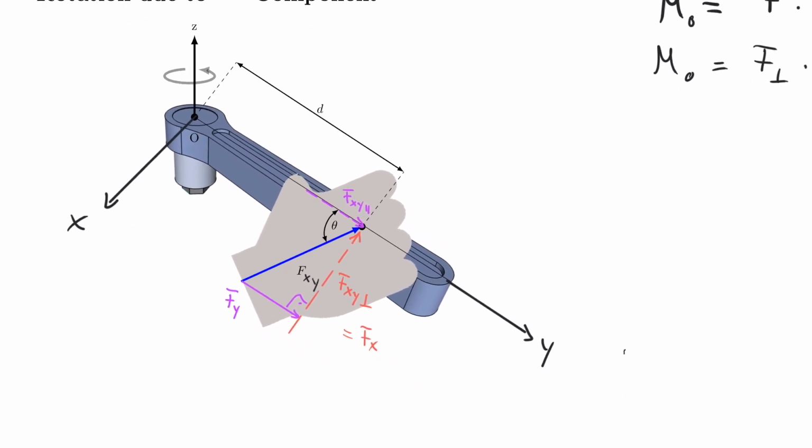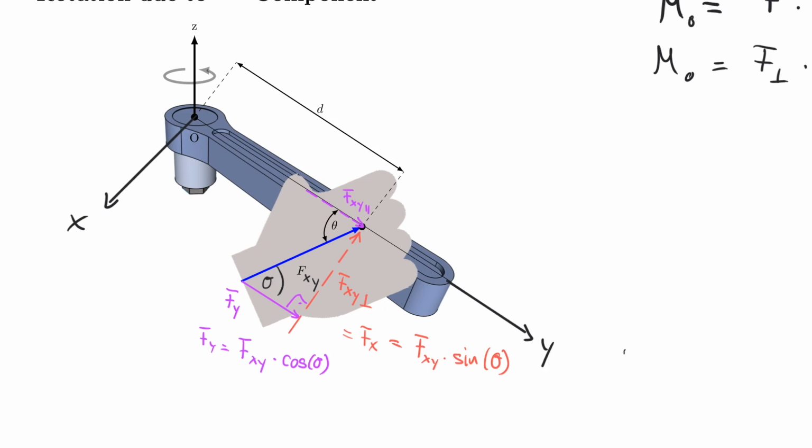You would pretty much calculate Fx by stating that Fx is equal to Fxy times sine of theta, right? Because the theta is actually on the opposite, or maybe let me make that clear here, we have theta here as well. And therefore, you can use the sine function. For completeness reasons, although we don't need it today, Fy would be actually equal to Fxy times the cosine of theta.